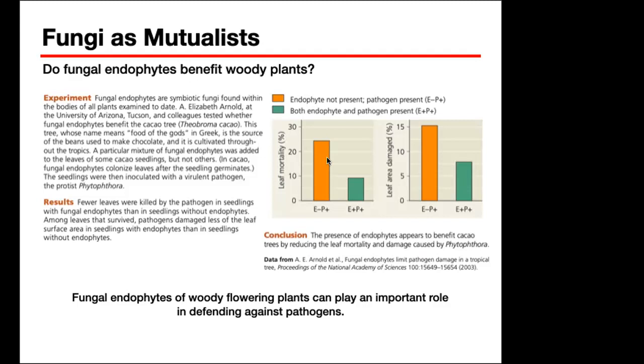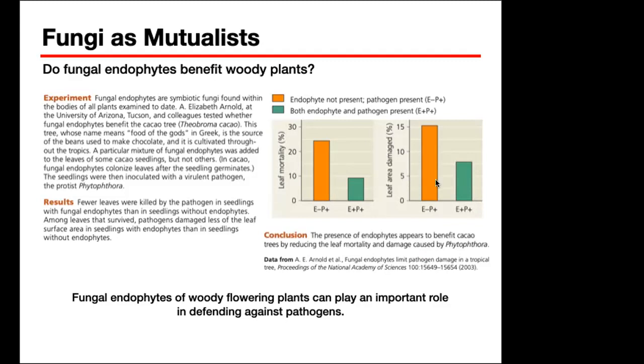You have here the leaf mortality when the endophyte is not present, and then when both the endophyte and pathogen are present. And you can see, even without statistical analysis, a marked decrease in leaf mortality when both endophyte and pathogen are present, as compared to when only the pathogen was present, with no endophyte, no mycorrhizae.